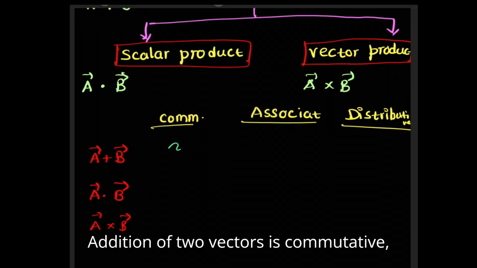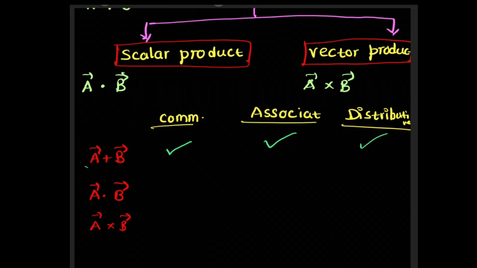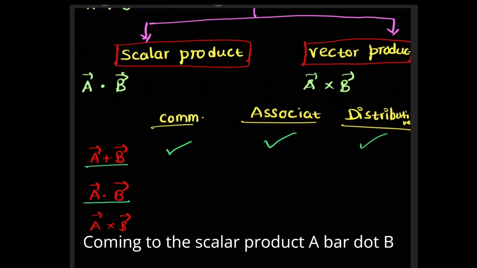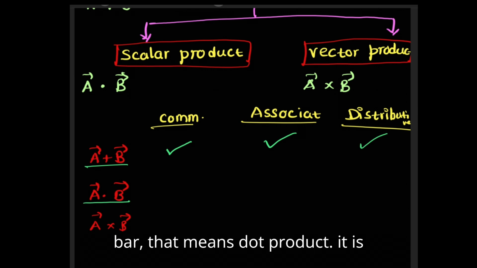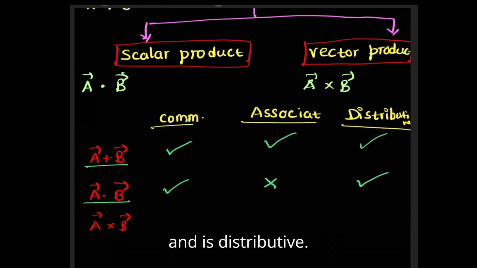Addition of two vectors is commutative, associative, and distributive. Coming to the scalar product, a bar dot b bar, that means dot product, it is commutative but not associative and is distributive.